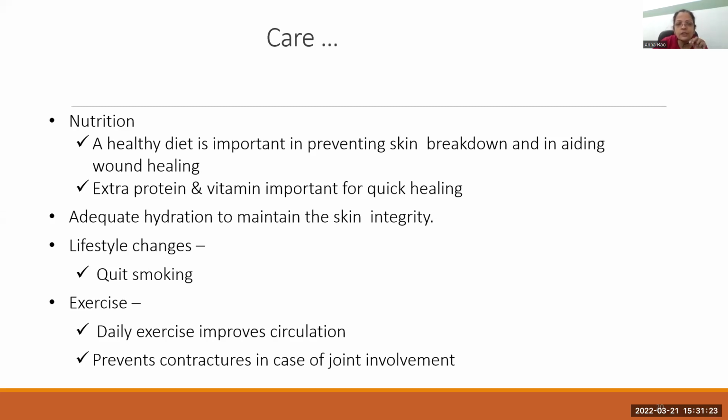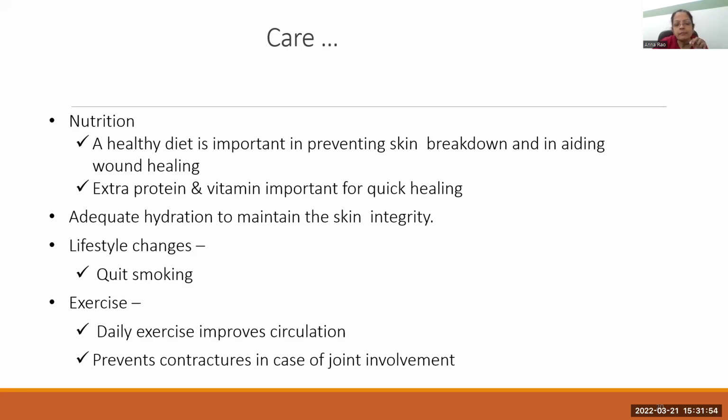So we should know the local resources which provide all this, and advise the caretakers so that they can provide such good nutrition to the patients. Adequate hydration to maintain skin integrity is very important. So taking enough fluids of any kind will be very beneficial.